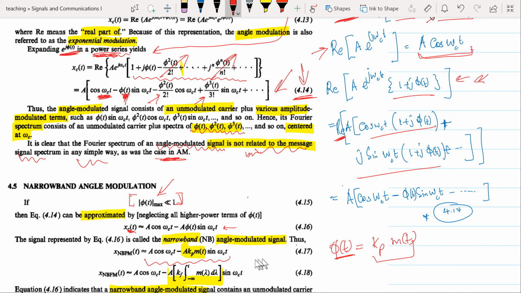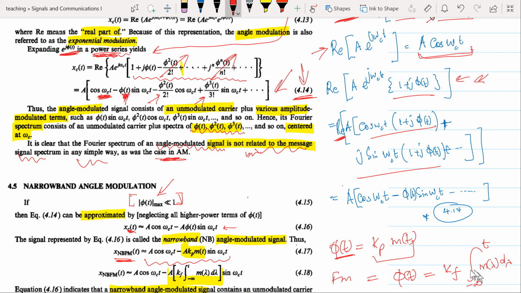So we are done with the narrowband phase modulated wave, but on the other hand, for FM, we said that phi of t is given by k_f integral from minus infinity to time t of m of lambda d lambda.